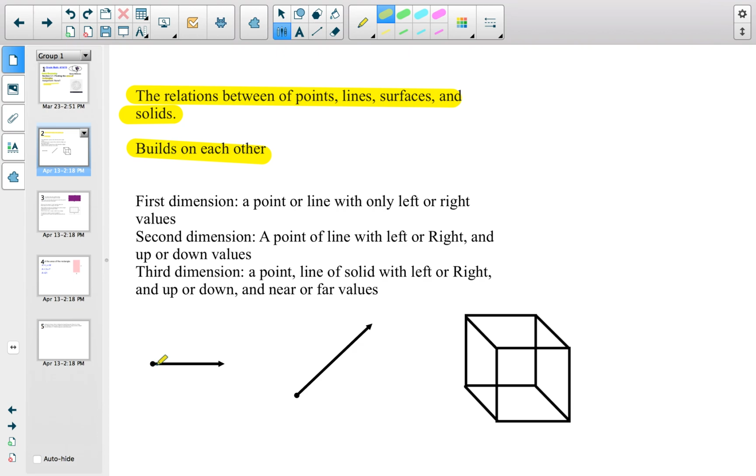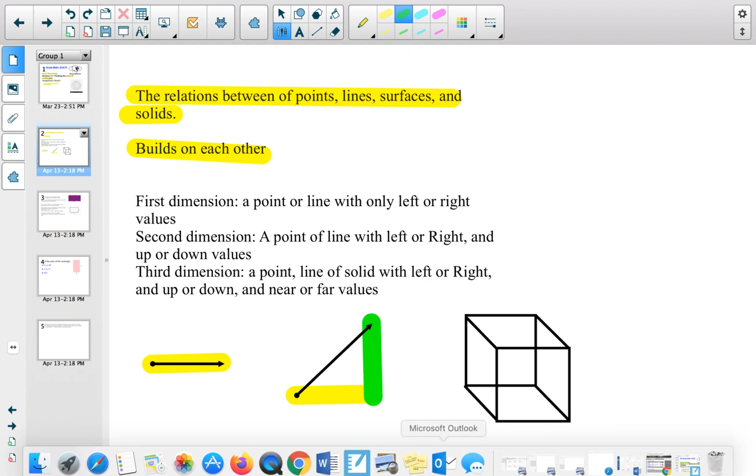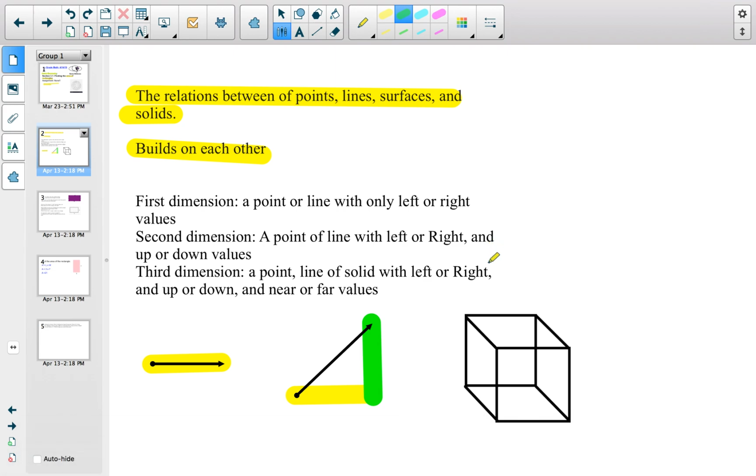A one-dimensional object is just something that has a left or right value. Do you see how this only changes left to right? There is no other up, down, near, far value to it. Well, right here we have a two-dimensional object because there's an x value to it that changes, as well as a y value to it that changes like this. Okay?